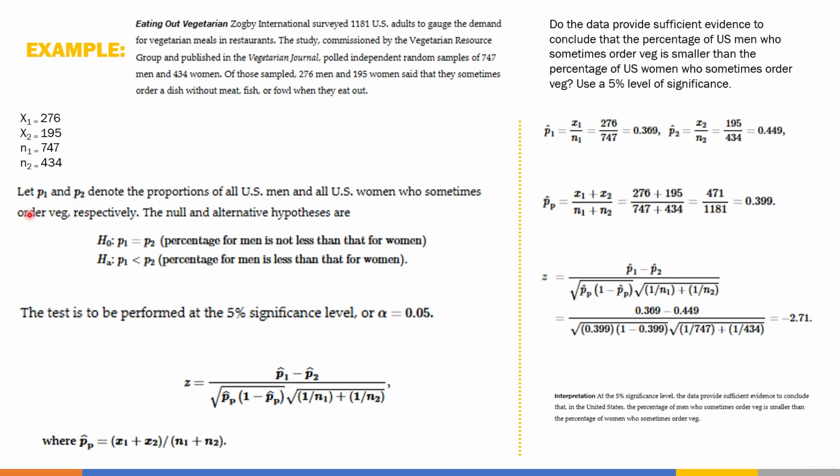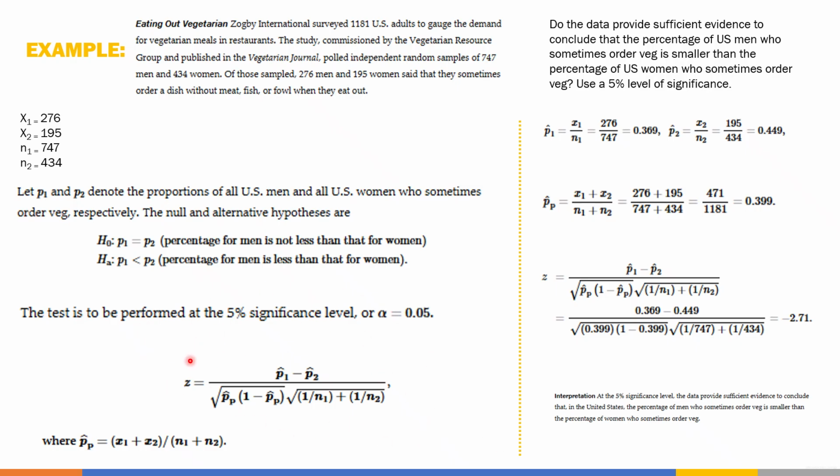The alternative hypothesis is that the percentage for men is less than that for women, so p1 is less than p2. The test you need to perform at the 5% significance level, or an alpha of 0.05, is written right down here.